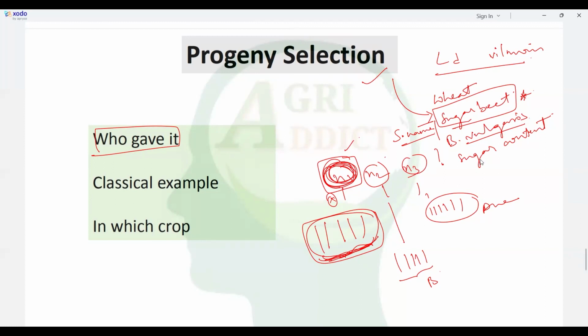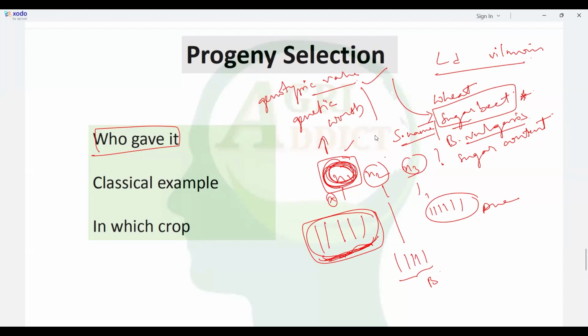Very simple. And then remember the scientist name, crop, and then the sugar content and why it is done. It is done to know the genetic worth of the parent or the genotypic value. Both are same. This is the sole reason why he has performed the progeny selection.